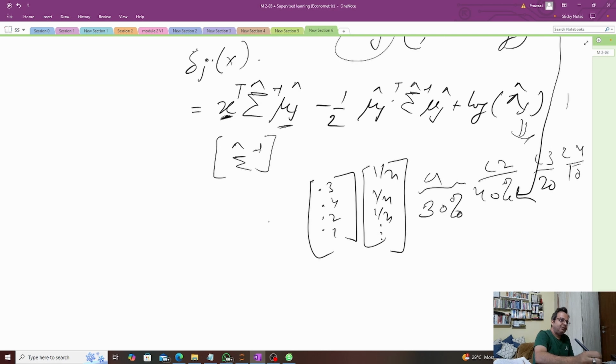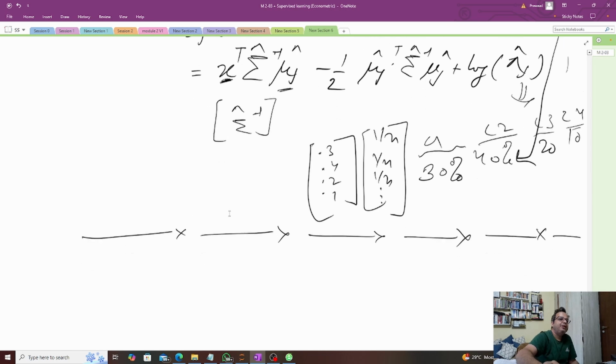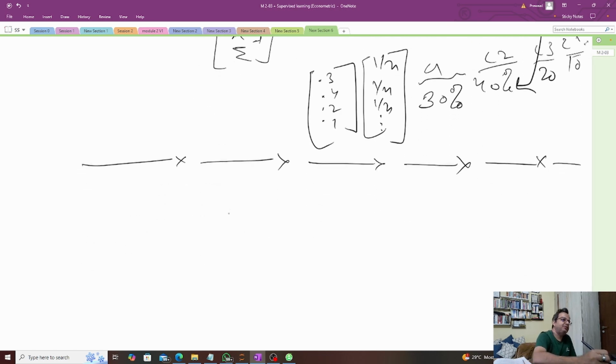So that brings us to the end of this chapter. There are some appendices at the end of this chapter that you can read on your own. There are more variants of these algorithms, like Fisher discriminant analysis, etc. If you get into problems understanding those algorithms, you can comment here or ping me or email me.